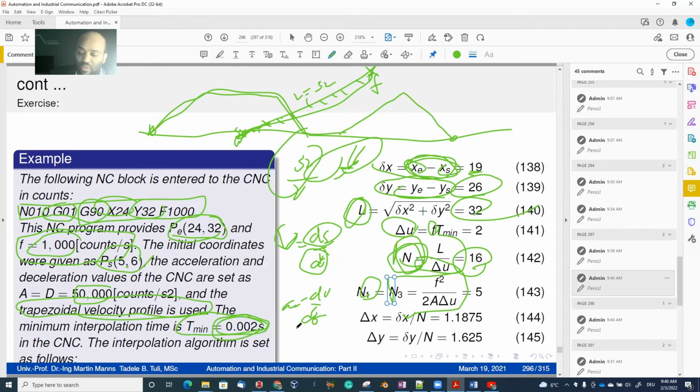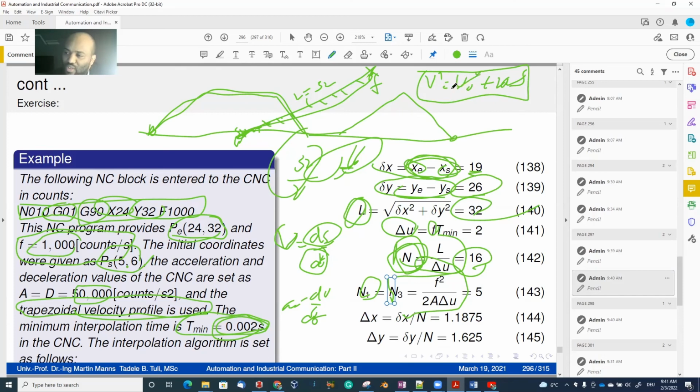If you substitute everything like this, you get something like v squared equals v naught squared plus 2as. This is from physics.